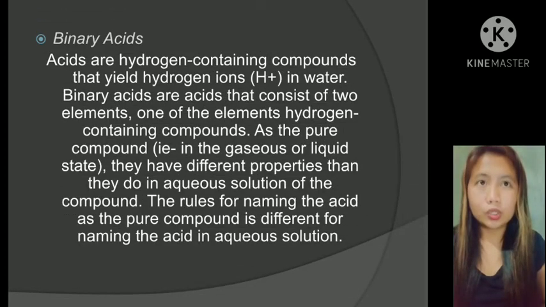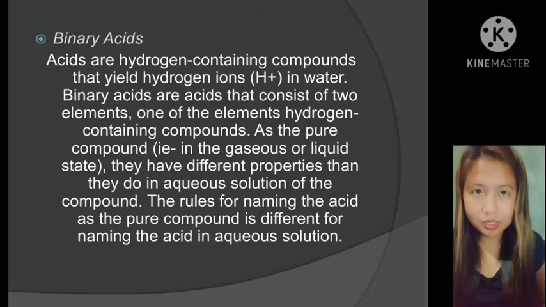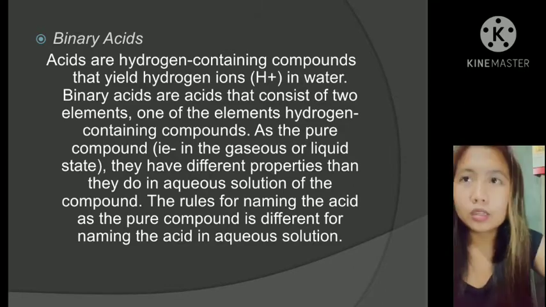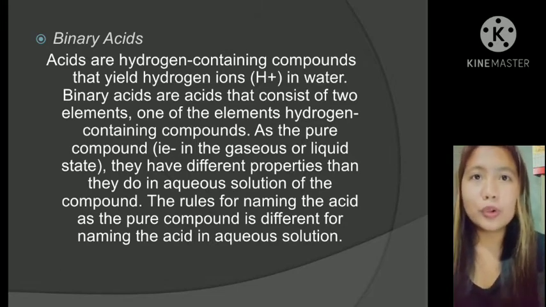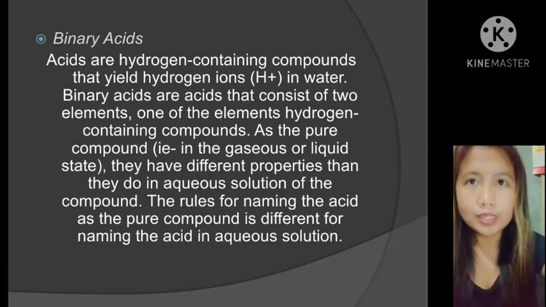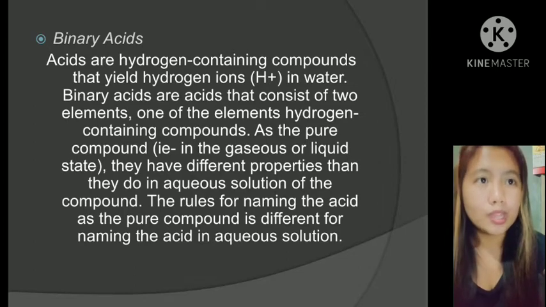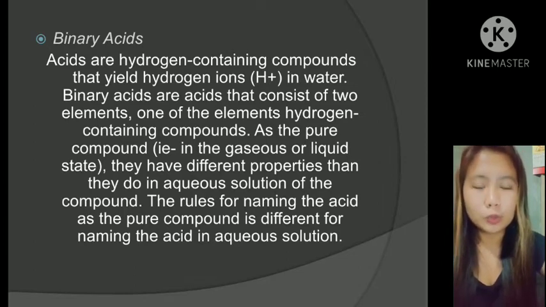Binary acids. Acids are hydrogen-containing compounds that yield hydrogen ions, H+, in water. Binary acids are acids that consist of two elements, one of which is hydrogen. As pure compounds, for example in the gaseous or liquid state, they have different properties than they do in aqueous solution.